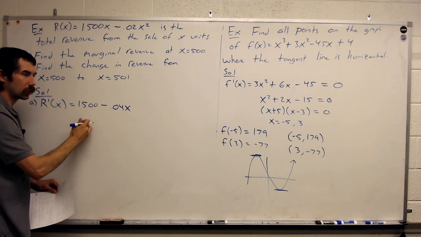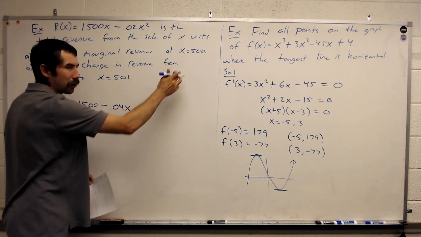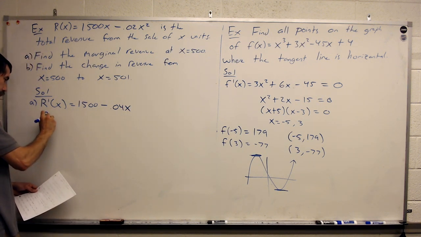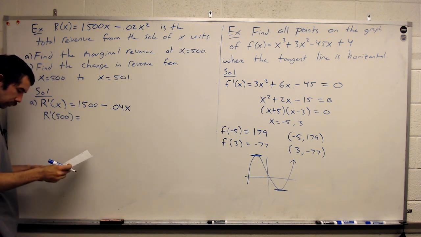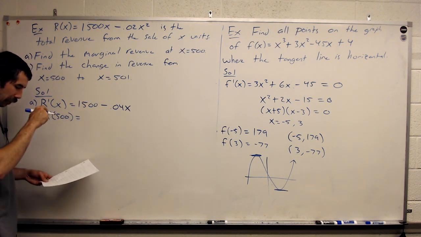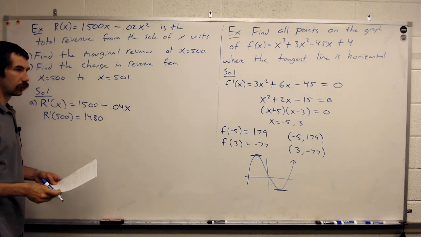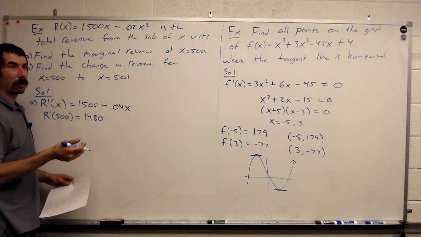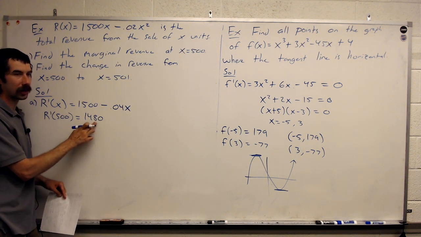This is our marginal revenue function. And so we could get the marginal revenue at 500 by just subbing that in for x. If we sub in 500 for x, we get the value of 1,480. So this says if we sell that next unit, we would expect our revenues to increase by about $1,480.